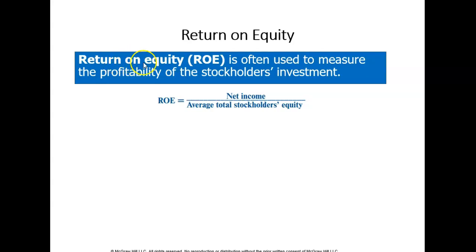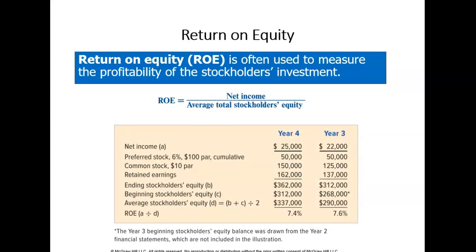Return on equity ratio, which focuses on the use of investments to earn net income. So we're now saying, how does the issue of shares of stock translate into net income being earned for the business? So you take your net income divided by the average total stockholders' equity.